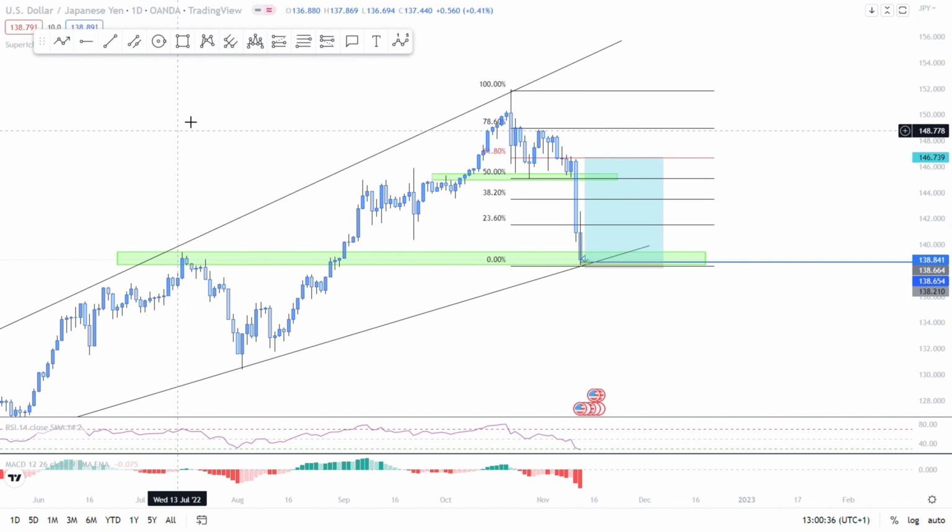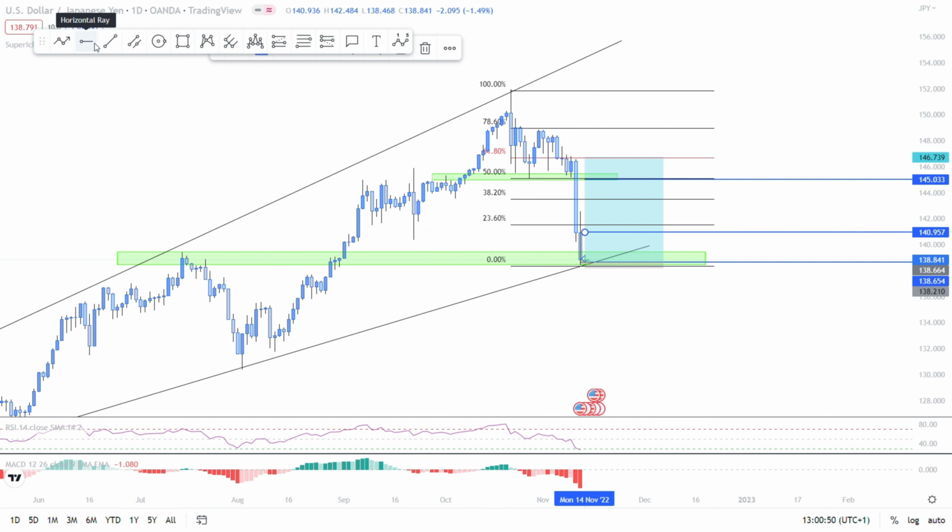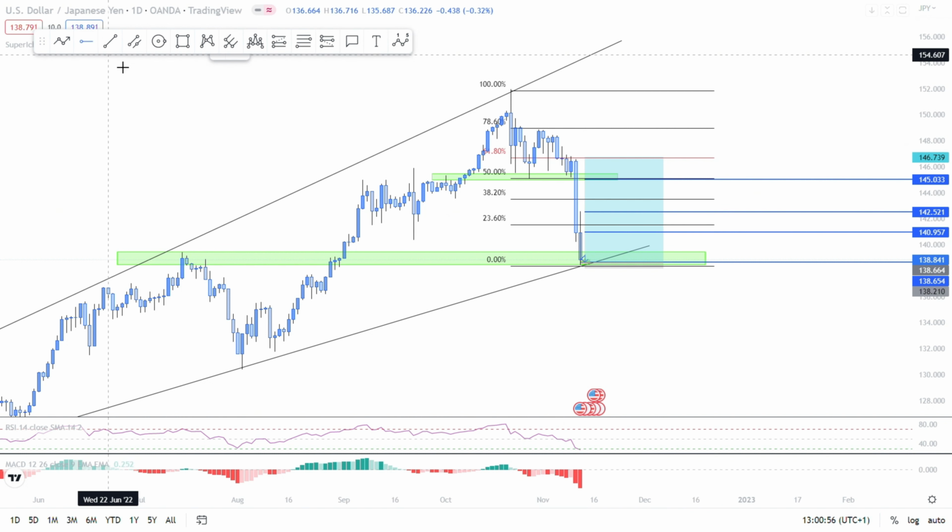In terms of varying take profits, you can have one here, one here, one here as well. Let's draw that a little bit lower. And you can put one here as well.